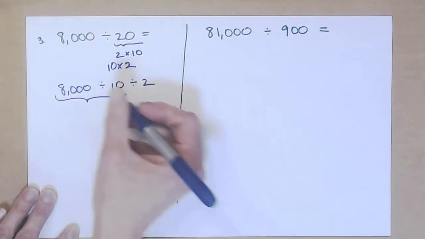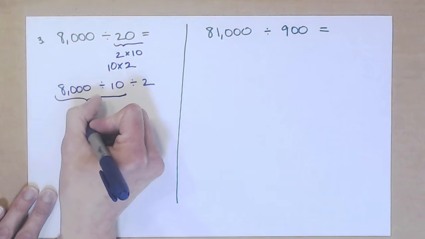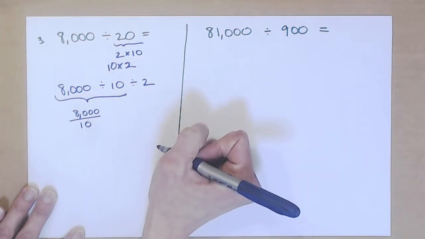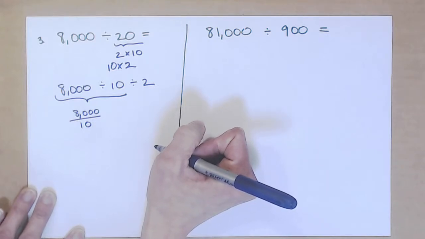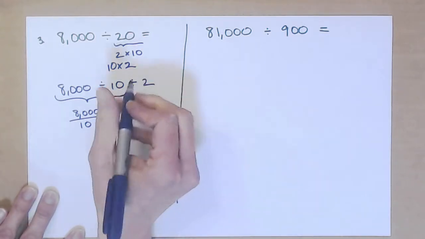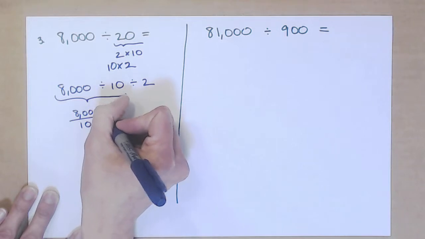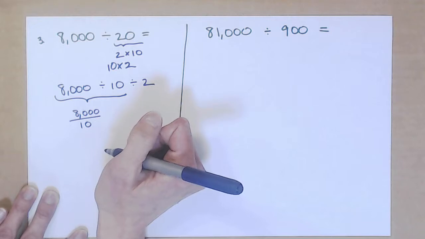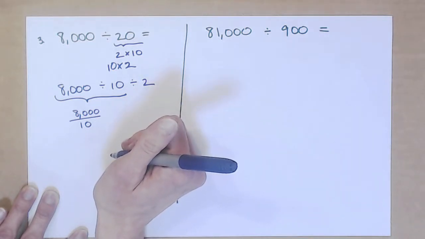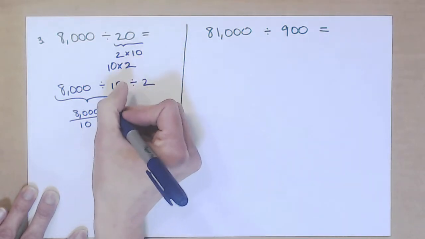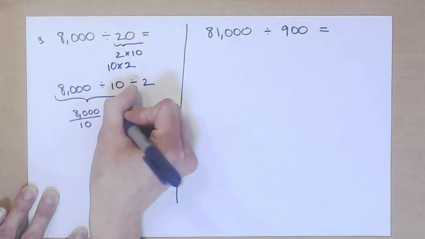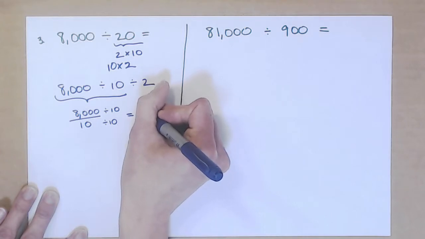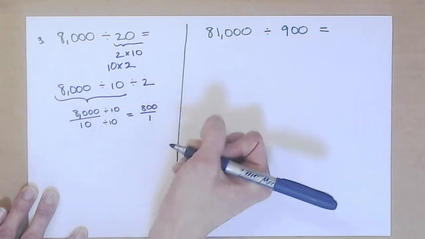8,000 divided by 10. And you can think about this as a fraction. And if you might recall how to simplify fractions, you can divide the numerator, which is the top, and the denominator, the bottom, by the same number, and then you get an equivalent fraction. So I could divide the top by 10 and the bottom by 10, and I would get 800 over 1.